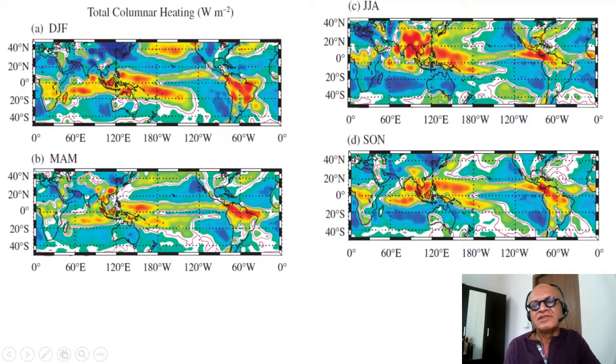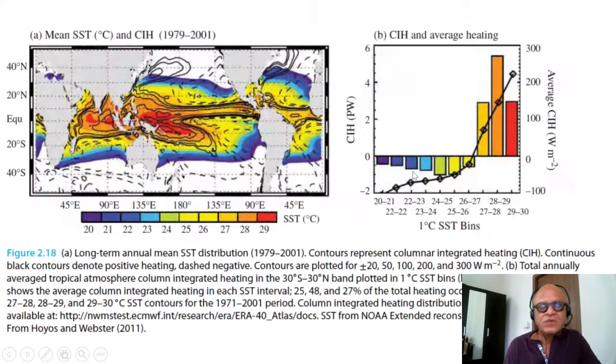Then you can see the large-scale monsoonal heating with this tilting structure from the southeast to the northwest, and this is what was interesting about thinking about all India monsoon rainfall and its dynamic connection to the large-scale circulation, etc. Right?